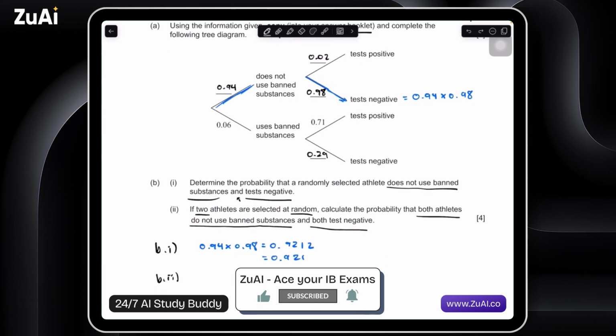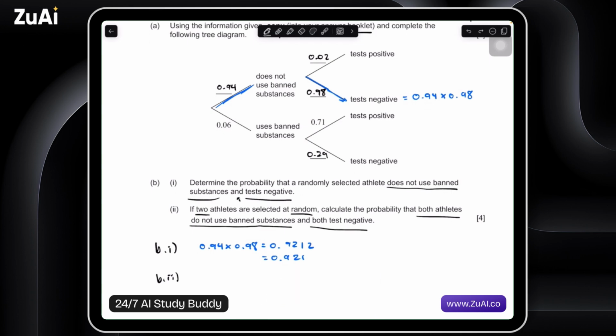So if two athletes are selected at random, probability that both athletes do not use banned substances and both test negative. So we know it's 0.921 probability, or roughly 92.1% chance that an athlete does not use banned substances and tests negative. So two athletes selected at random, probability that both athletes, in this case it's just going to be the probability that the first athlete is one that does not use banned substances and tests negative.